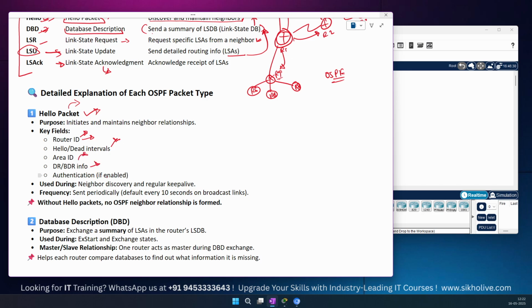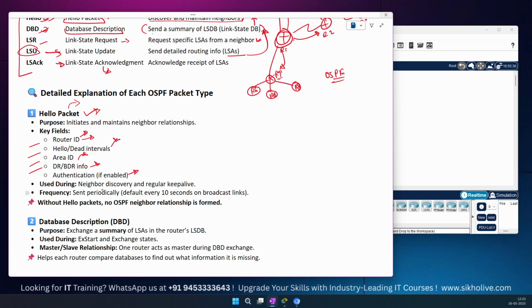If authentication is enabled, it also contains the authentication part to build the neighborship with the neighbor router.